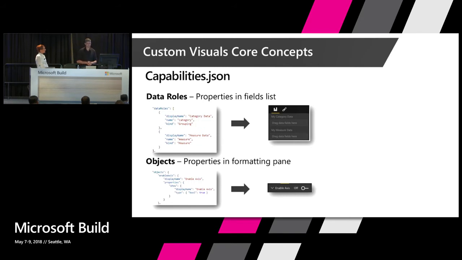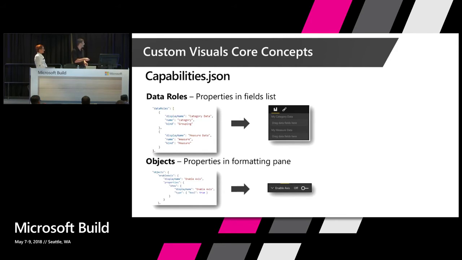One is the data roles. The data roles basically define the property list that users will see in the field list, and will be able to select from their data into the data list. So you can define here the name, the category, and what kind it is, and this will show up in the visualization pane.